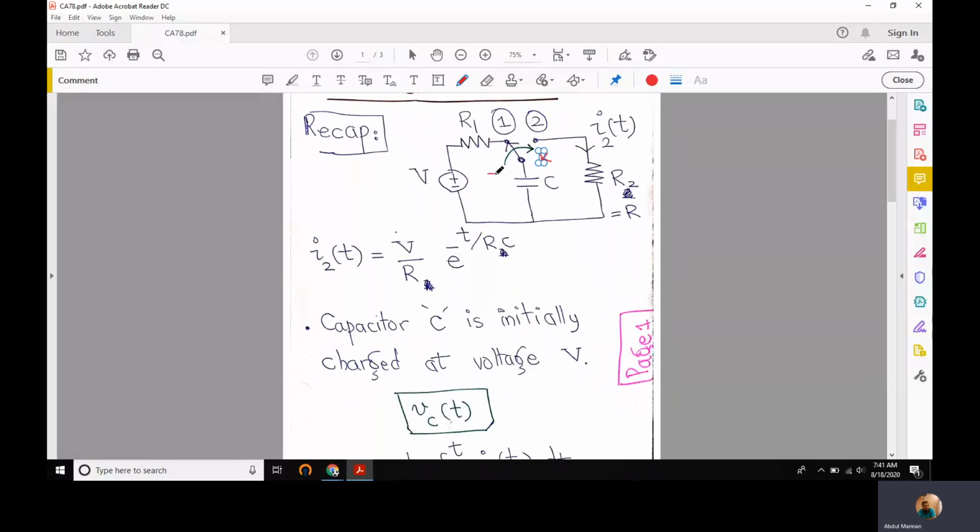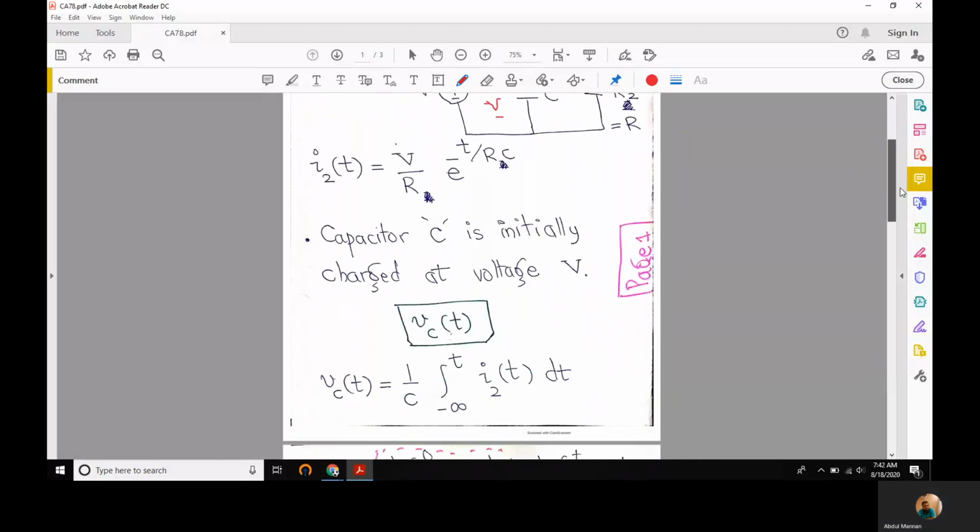So the capacitor was initially charged at a voltage equal to the supply voltage V when the switch was moved to position 2.